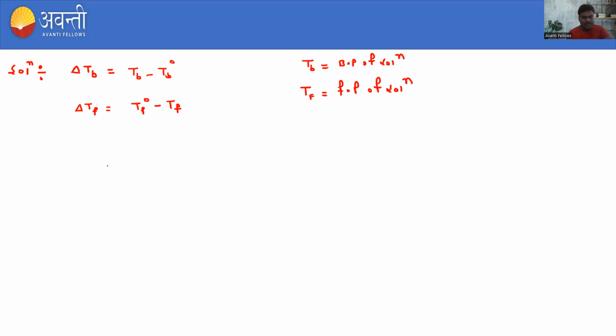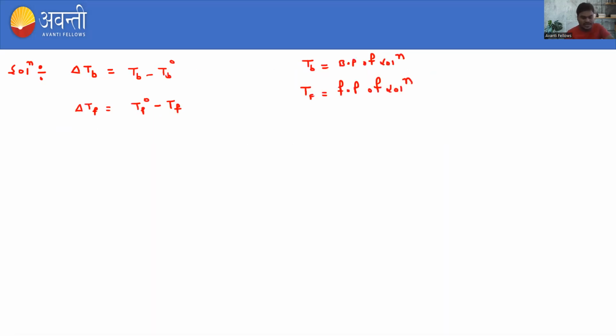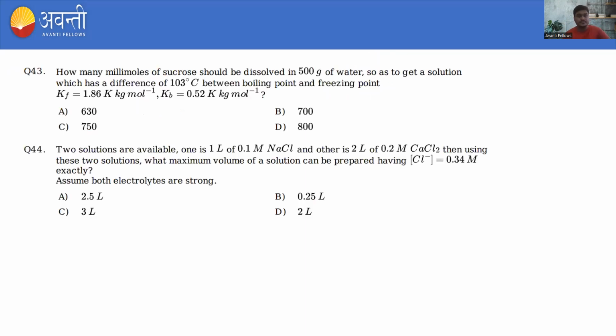So how will you calculate? We know that delta Tb is given. The value is already given, which has a difference of 103 degrees Celsius. So let's calculate the value.